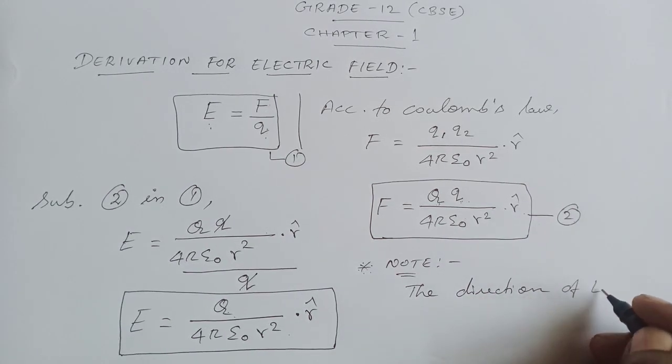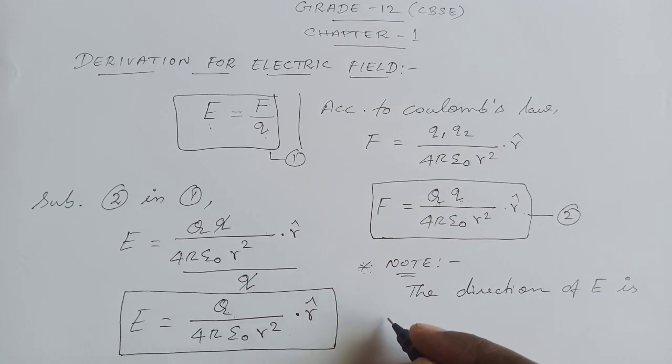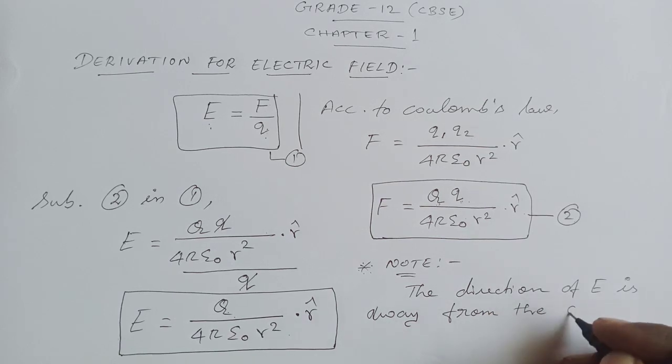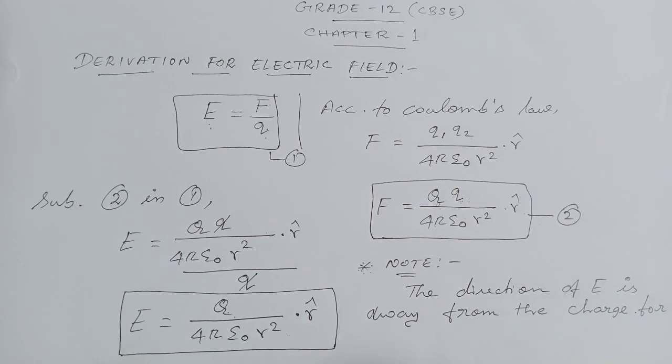The direction of E, that is electric field, is away from the charge for positive.